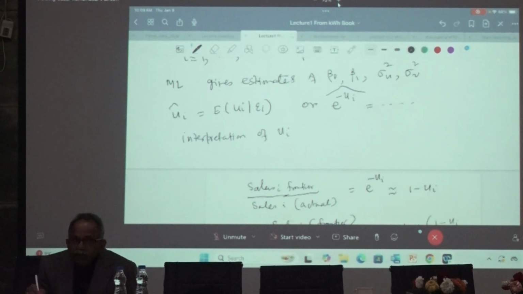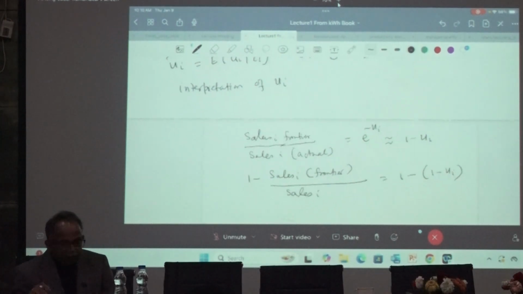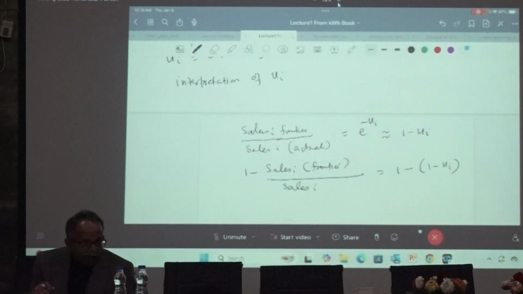Simple math. Okay, good. Just let me know, because I'm not looking at the screen; I'm looking at you and my screen here. So what is this? This is equal to u.